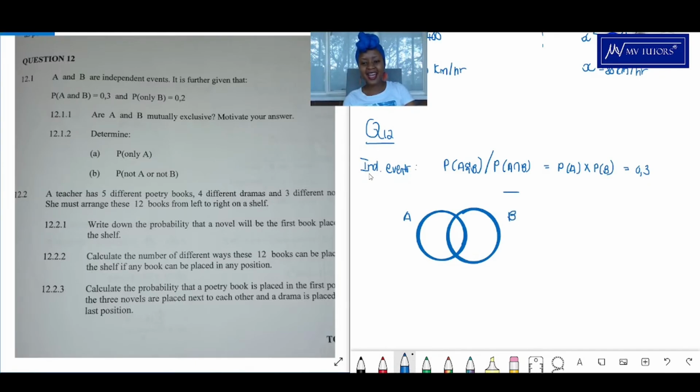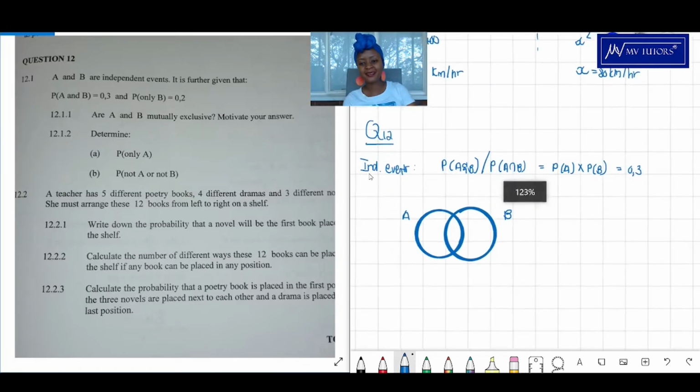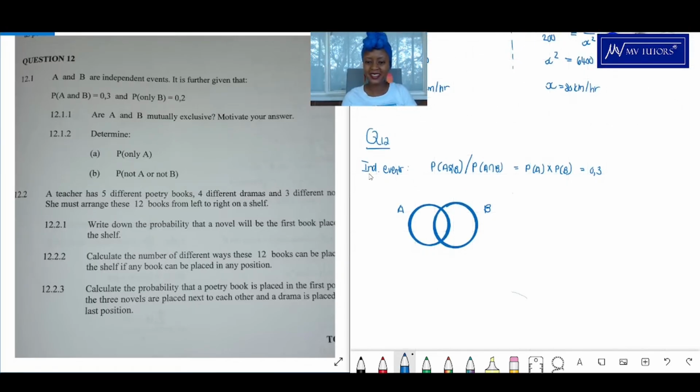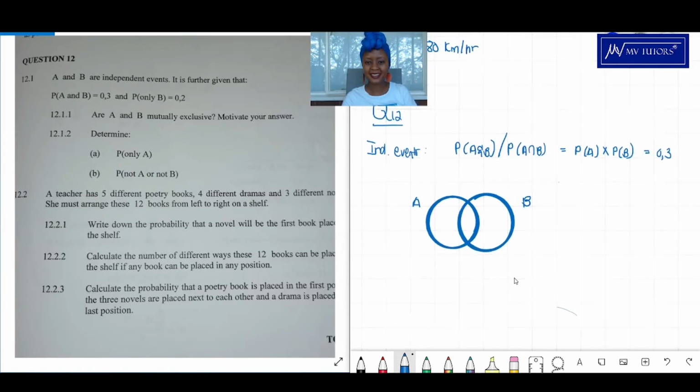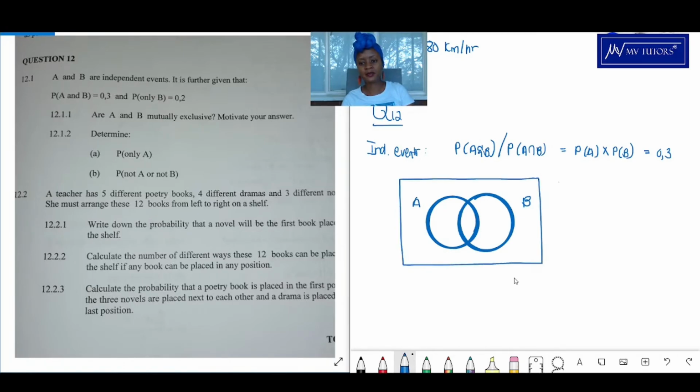Let's zoom in again, and put all of that in a box. Great. So we have event A, we have event B, and maybe there are some that are not involved.